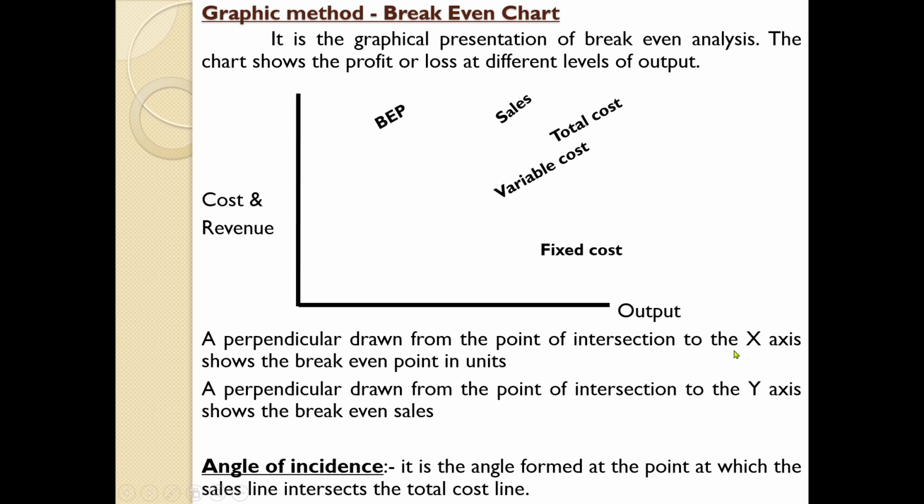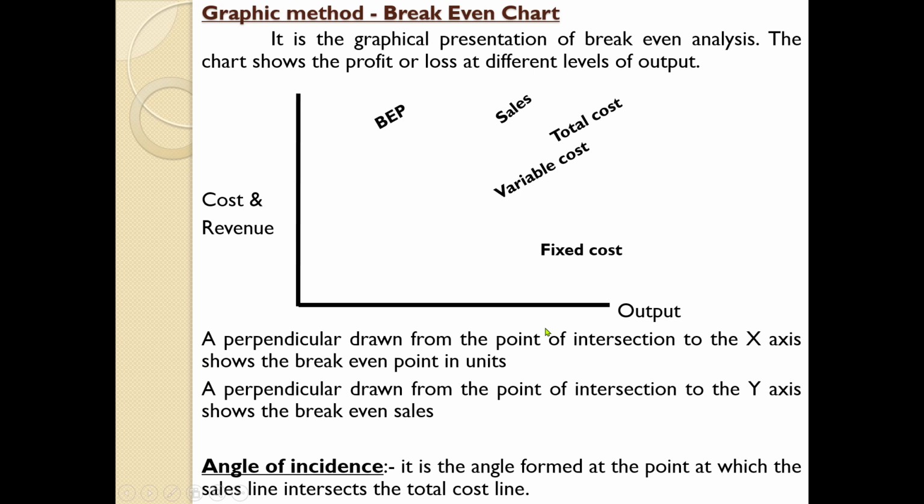Likewise, output also remains the same and will be represented in units. So the x-axis can be represented in output, sales, capacity, or units, whereas the y-axis is represented in cost and revenue. It may represent either sales revenue or cost. So that is the concept of x and y.